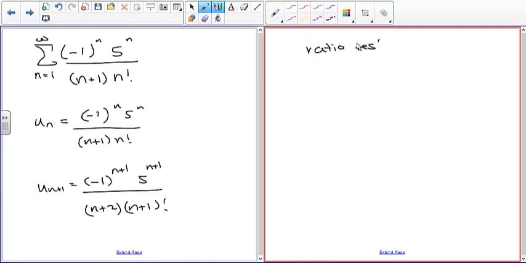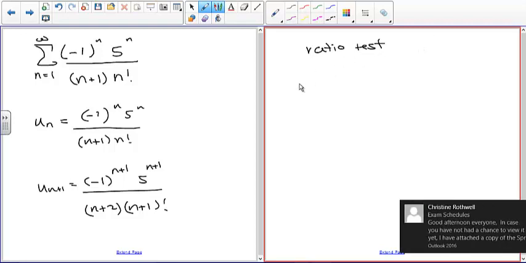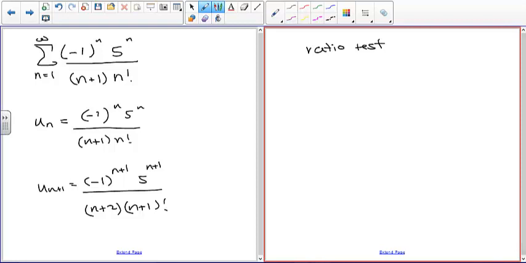The ratio test for series involves a sub n plus 1 over a sub n for an infinite series that involves x, which I didn't put in there, so that's what I need to do.